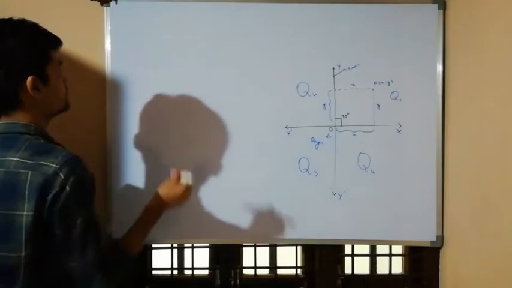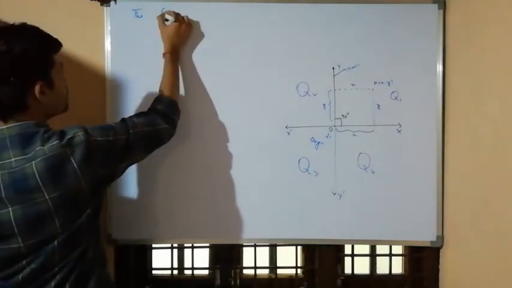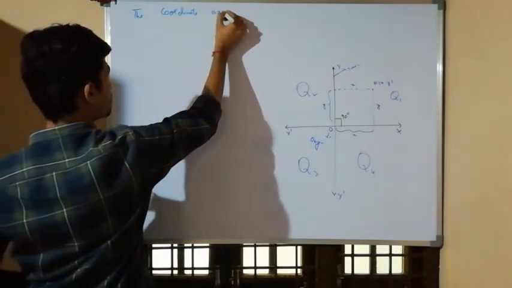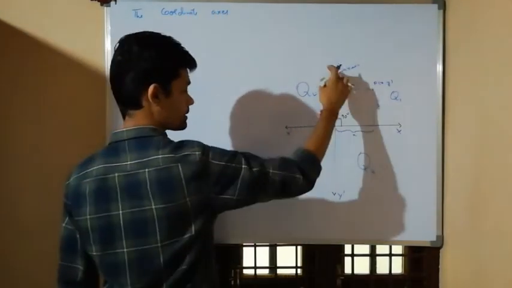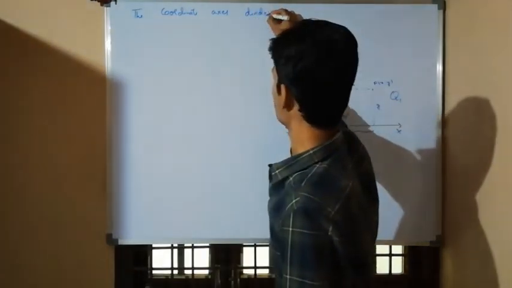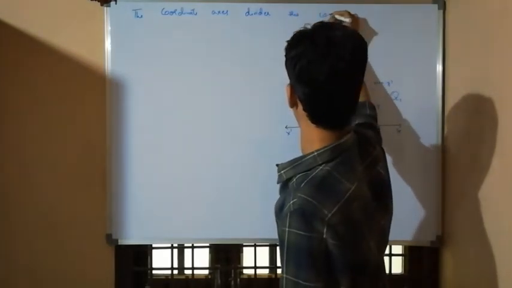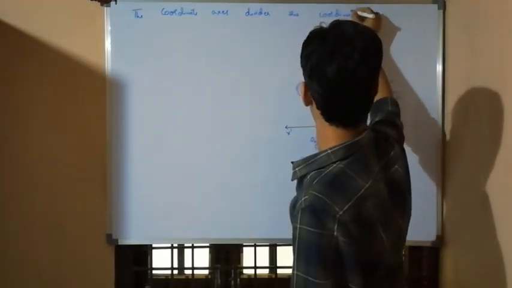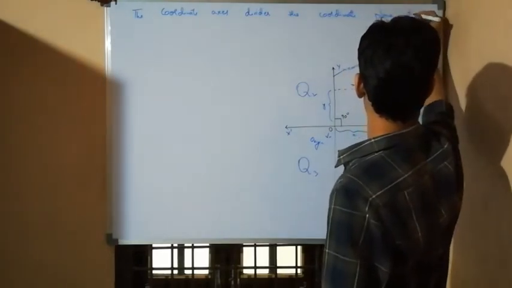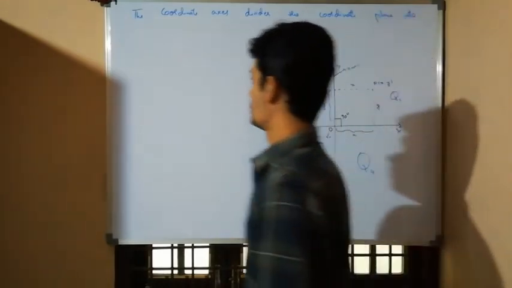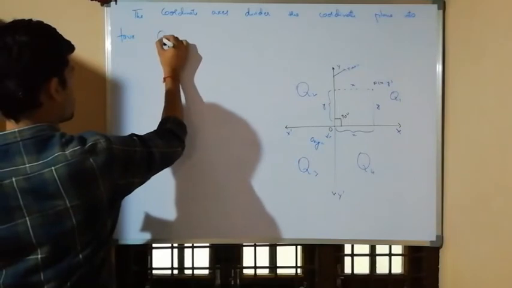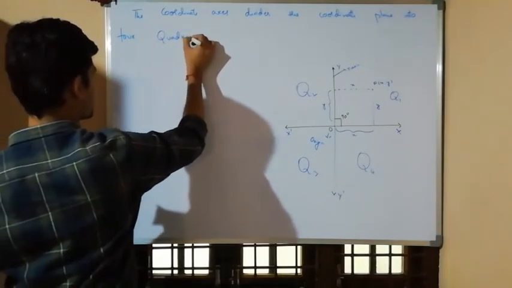The coordinate axis, means x-axis and y-axis, divides the coordinate plane into 4 quadrants.